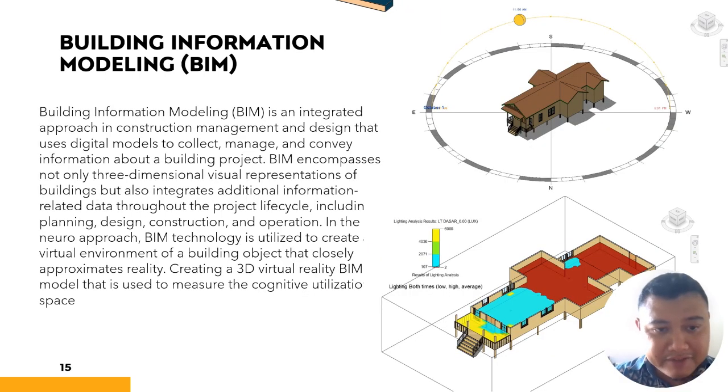We talk about building information modeling. Building information modeling simulates real-world conditions in a digital model, enabling precise measurement of architectural perception. It is an integrated approach with construction management and design that uses digital models to collect, manage, and convey information about a building project.